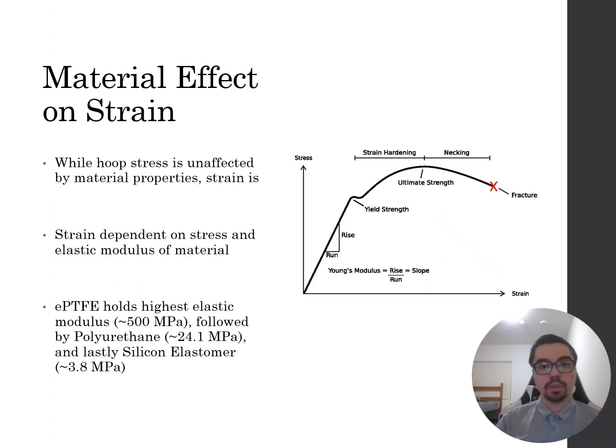So while the hoop stress is very similar for all the materials, the strain will vary a little bit because the strain is actually dependent on material properties, most notably the elastic modulus of the material. For the expanded polytetrafluoroethylene, the elastic modulus is highest, around 500 megapascals, followed by the polyurethane, which is around 24.1 megapascals, and then lastly, silicon elastomer, which is about 3.8 megapascals.